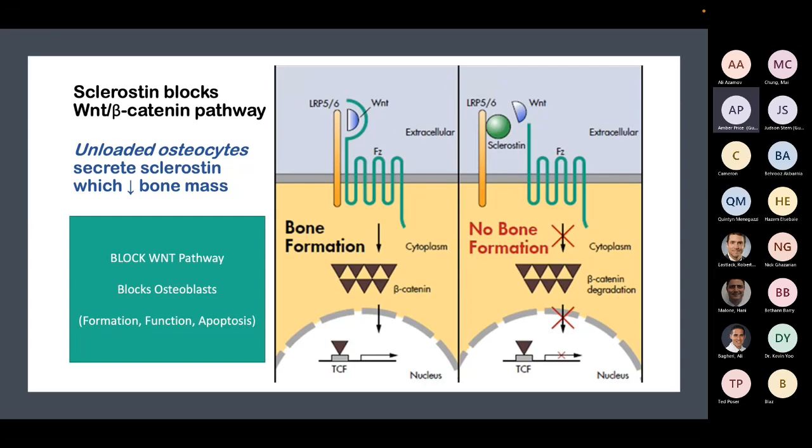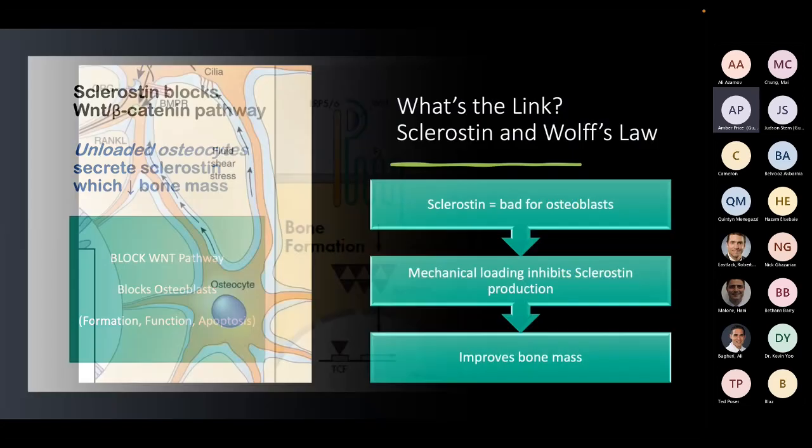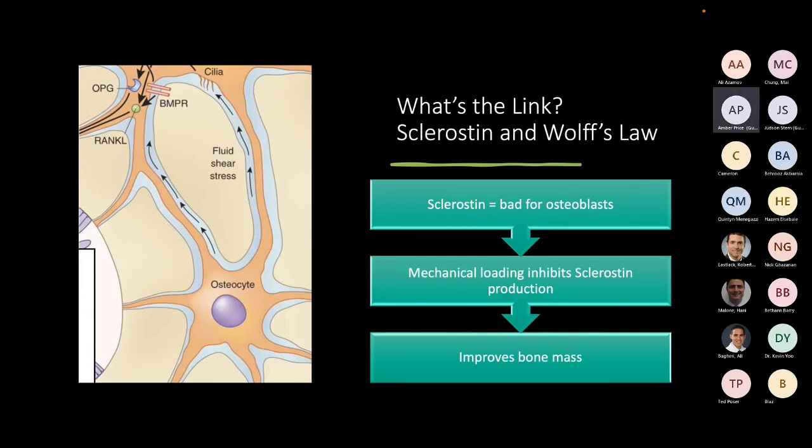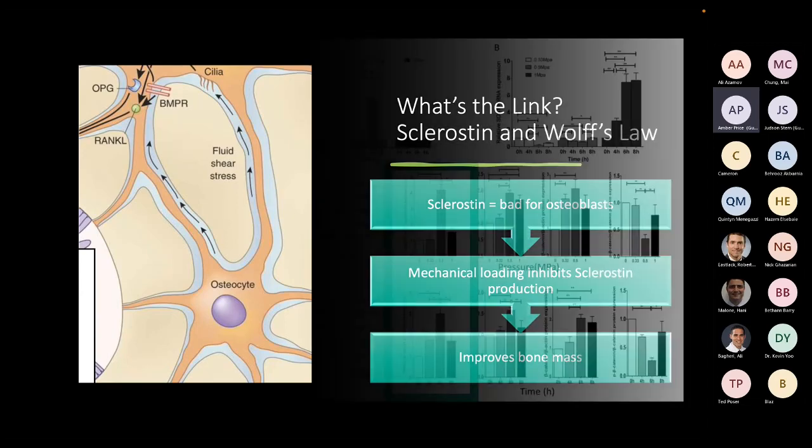So it blocks osteoblasts, their formation, their function, and can even play a role in apoptosis. And so the link between Wolff's law and sclerostin is that when we don't have applied loads, we have increased amounts of sclerostin produced, which is bad for the osteoblasts. And so mechanical loading is a good thing. It inhibits the sclerostin production and ultimately improves the bone mass.